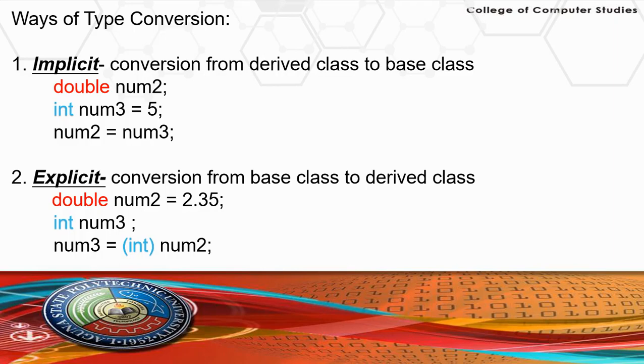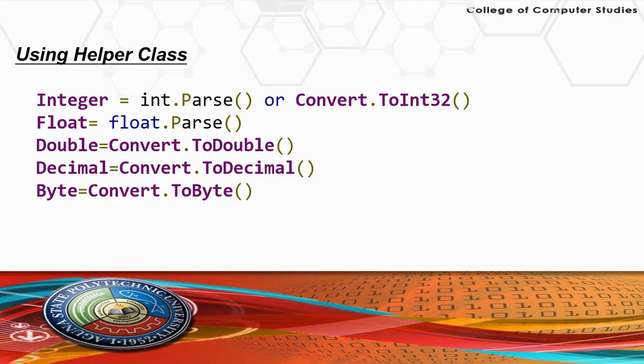So to make it compatible, I placed here open and close parenthesis, int inside, to convert num2 and treat it as of type int. So the value of num3 here will become 2. Num3 equals 2.